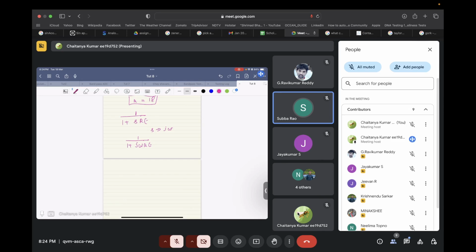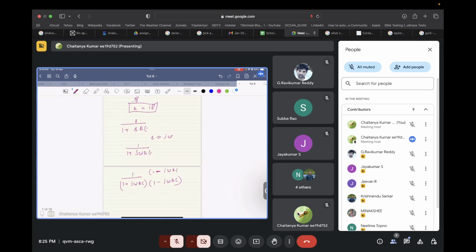Okay. If we try to rationalize it, we get 1 plus omega square r square. We multiply and divide by the complex conjugate, so we get 1 upon 1 plus j omega rc into 1 minus j omega rc. A complex number multiplied by its conjugate is equal to magnitude square. So this is a real part, common to both real and imaginary part, right?